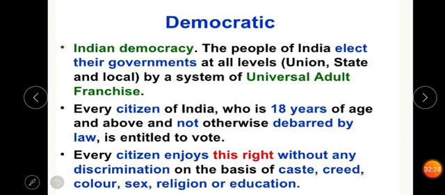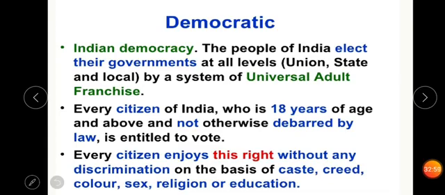Earlier it was 21, but the then prime minister, Rajiv Gandhi, reduced the age from 21 to 18 years and above, and not otherwise debarred by law, is entitled to vote. Every citizen of India who is 18 years of age and above is entitled to cast their vote.